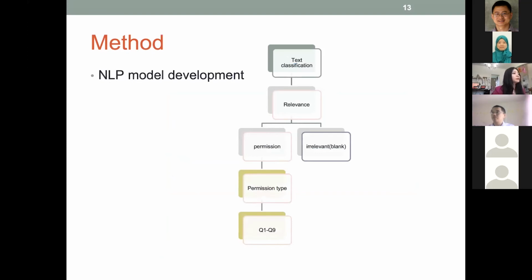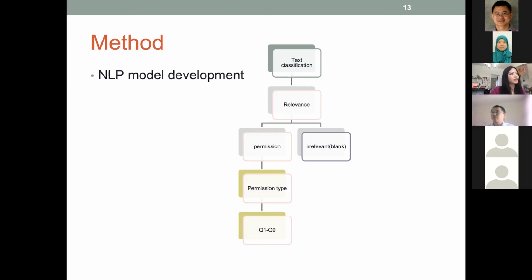We approached the problem of predicting whether a sentence in an informed consent document contains answers to the permission questions as a supervised text classification task. Because of the dominance of blank sentences, as you can imagine, an informed consent document only has a few sentences that actually describe those permissions.